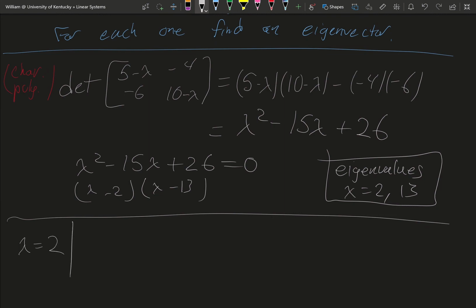We look at our eigenvalue of 2 and set this up: 5 minus 2, -4, -6, 10 minus 2, times (a, b). We want that to be equal to the 0 vector.